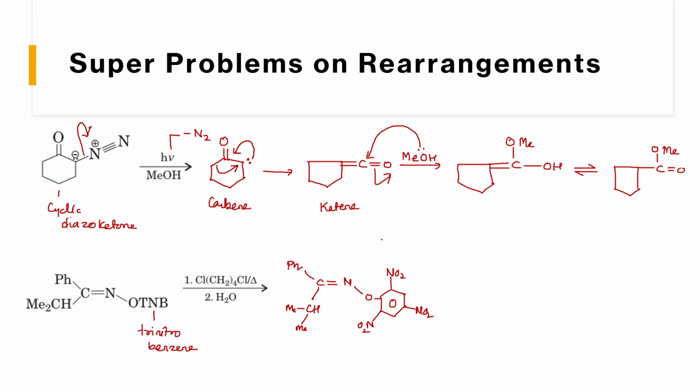Now please understand that when we had read about Beckmann rearrangement, हमने ये पढ़ा था कि only the group which is trans with respect to the leaving group will migrate. So ये बाहर निकलता है and यहाँ से Ph उठ के यहाँ पे आता है. So 1, 2, and because of which it creates C.